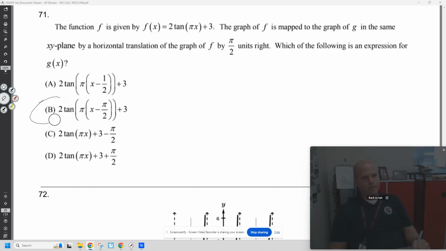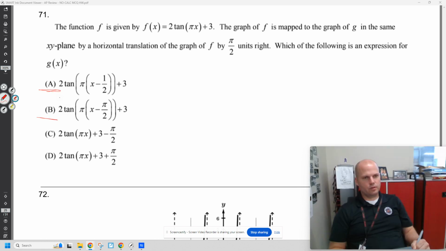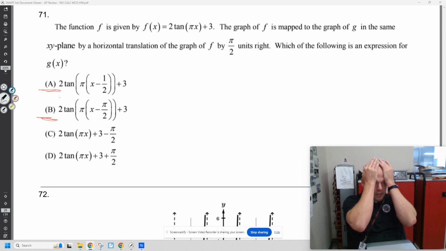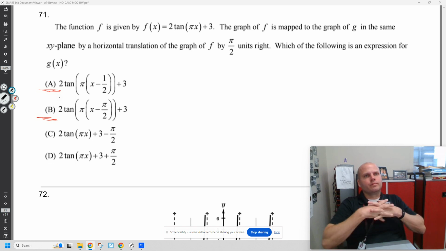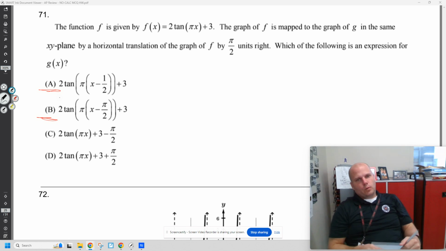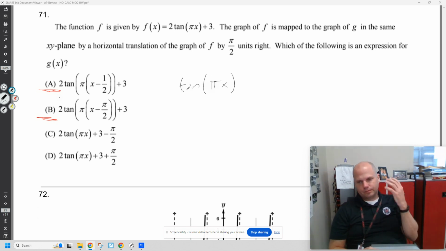Now, this is tricky. It's either this one or this one. We didn't really get into this. So why am I having troubles with this? Because we got tangent pi x, which is a horizontal dilation by a factor of 1 over pi.